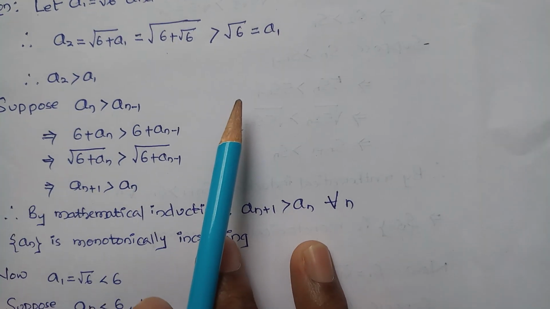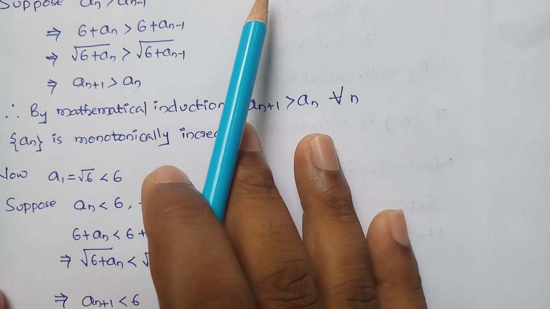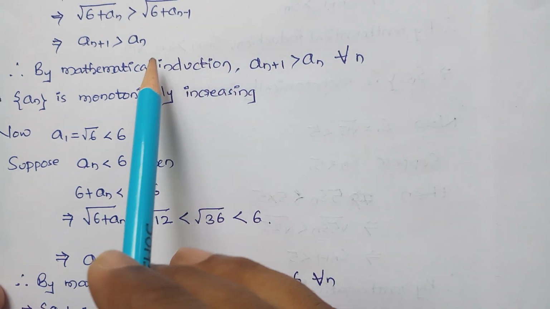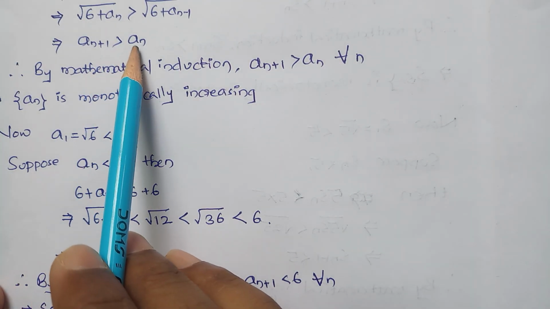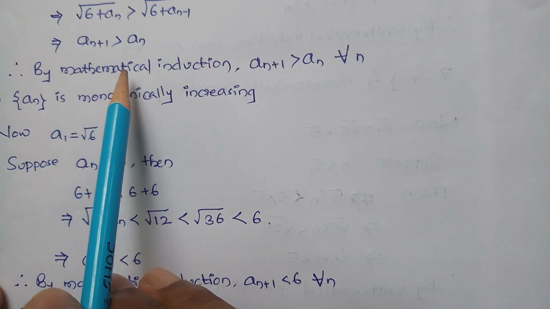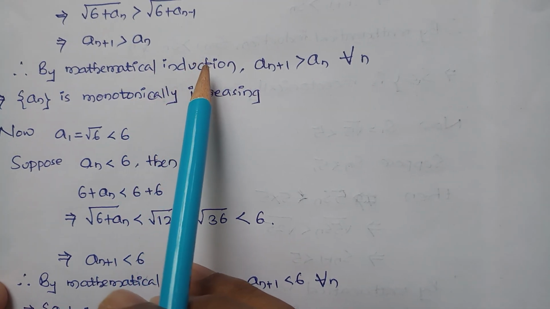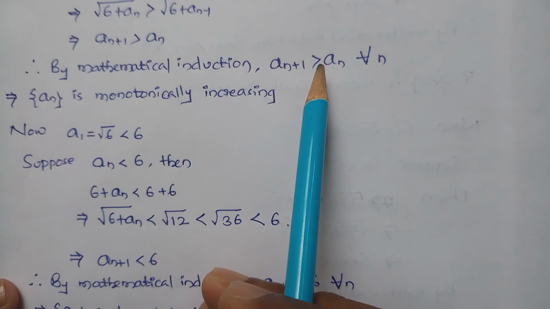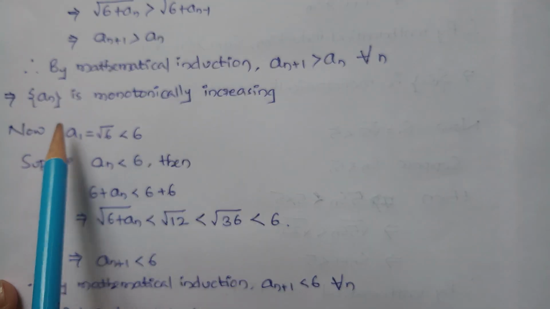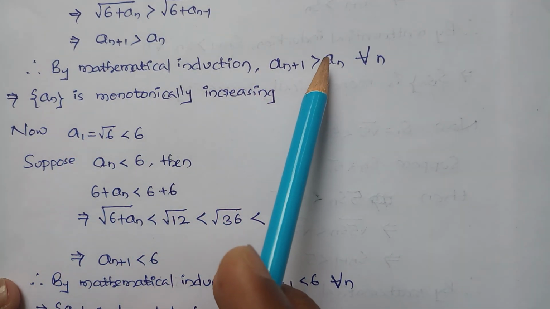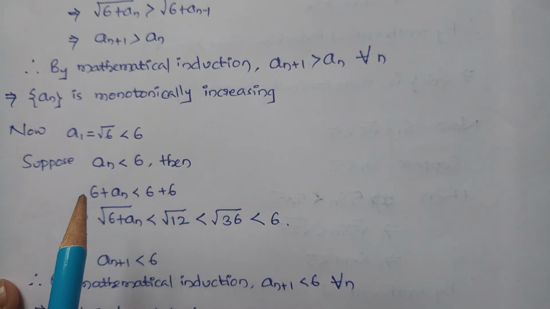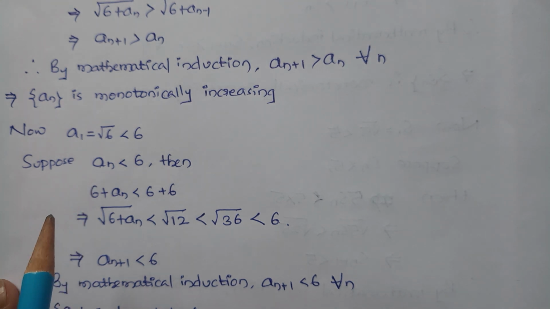Then we can say a(n+1) is greater than an. Therefore by mathematical induction, a(n+1) is greater than an for all n. Therefore it satisfies the definition of a monotonically increasing sequence. So the sequence an is monotonically increasing.